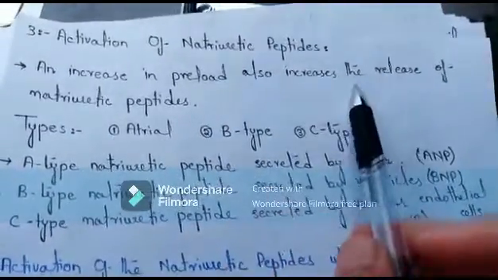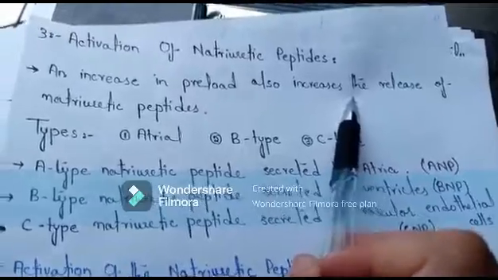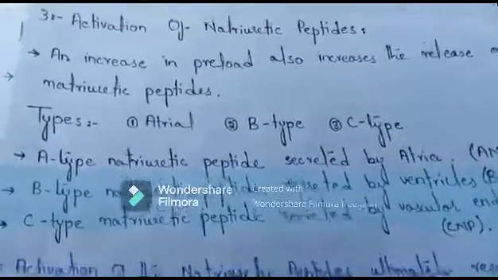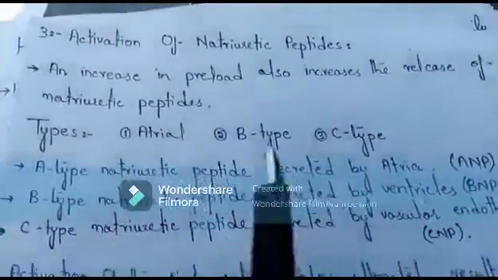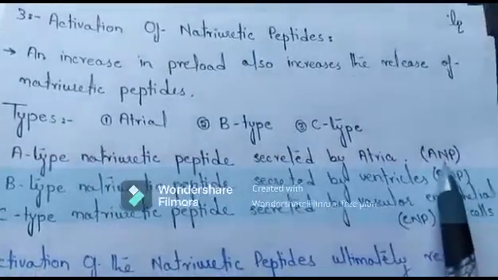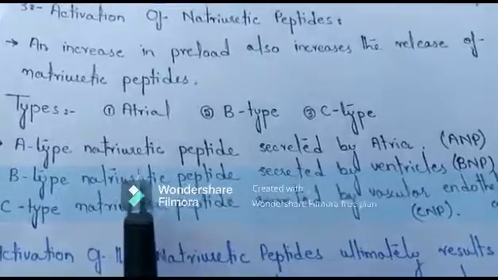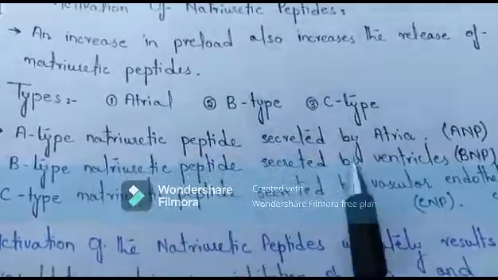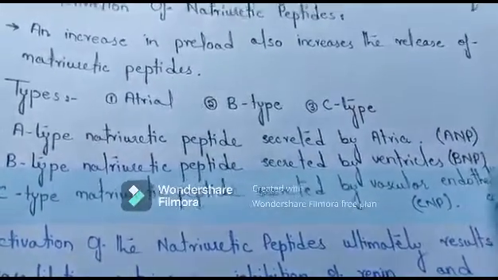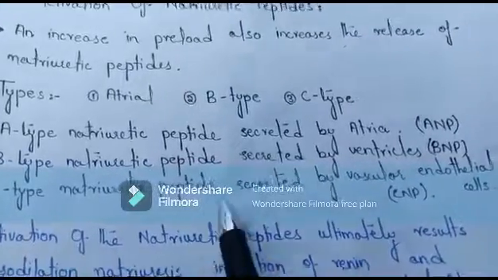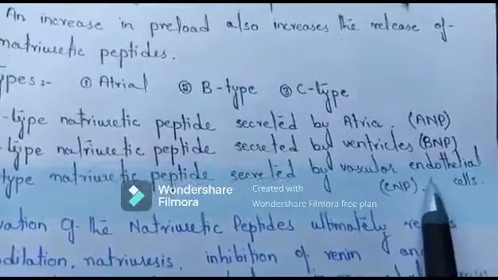Okay, so the heart releases three types of natriuretic peptides: A type, B type, and C type. A type is secreted by the atria, and it is called the atrial natriuretic peptide, ANP for short. B type is secreted by the ventricle, the beta natriuretic peptide, and the C type is secreted by the vascular endothelial cells.